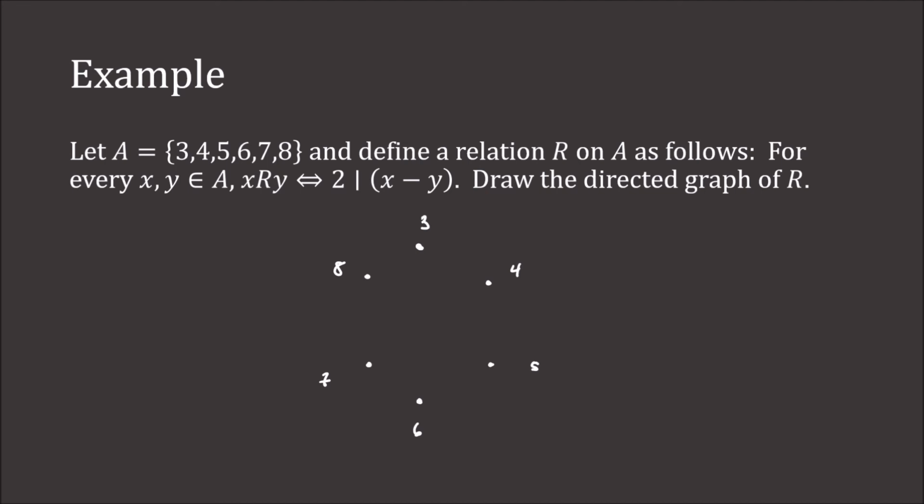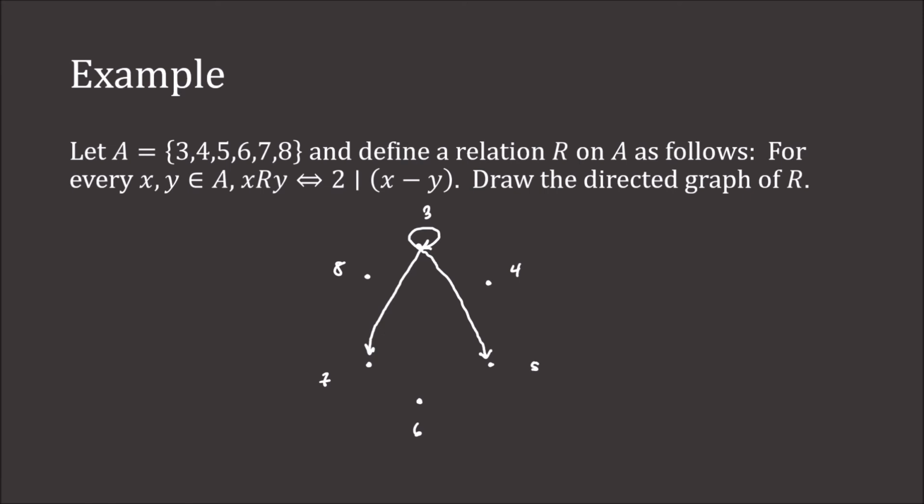So 3 minus 3 is 0, and 2 does divide 0. So 3 is related to 3. 3 minus 4 is 1. 3 minus 5 is 2. That is divisible by 2. 3 minus 6 is 3. 3 minus 7 is 4. That is divisible by 2. 3 minus 8 is 5.